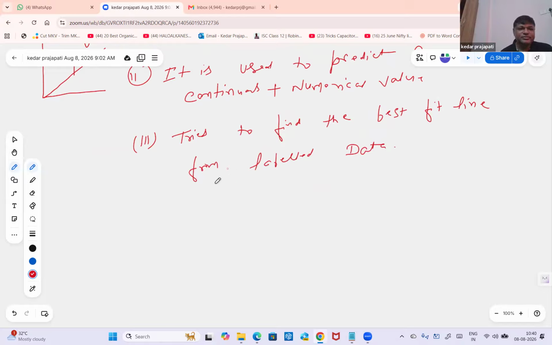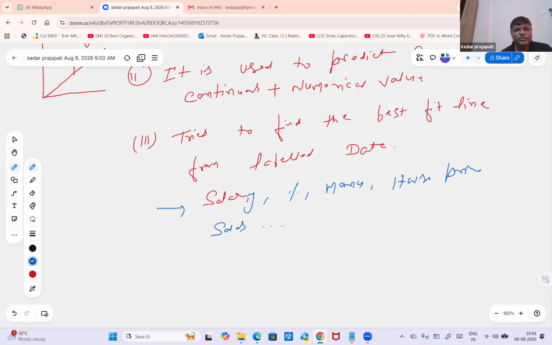So examples: maybe you can calculate salary based on experience, you want to calculate percentage, marks, house price, or based on advertising, how much sales has happened.